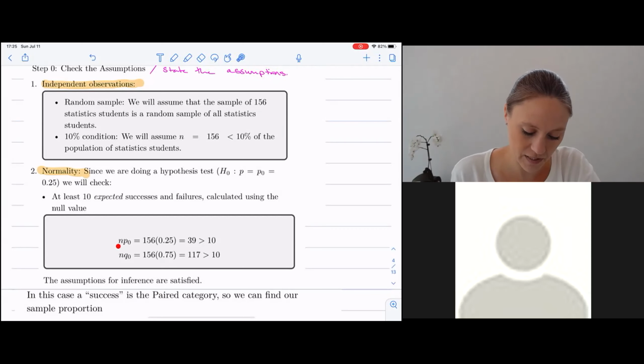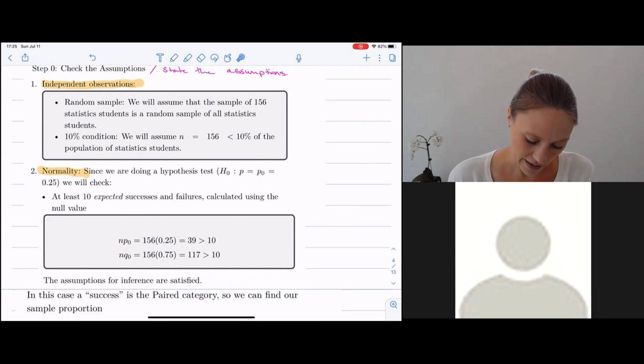Then of 156 students, a quarter of those would be 39, right? And that's where this expected successes comes from. You would expect to see 39 students out of 156 who picked the paired data, if it was a quarter split, okay?